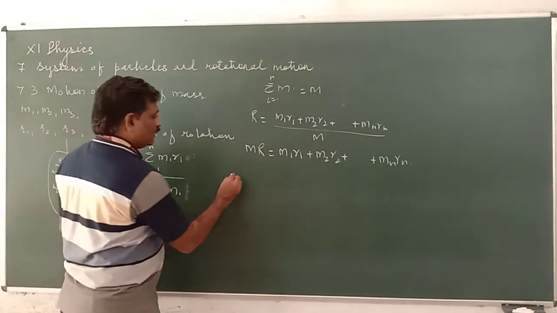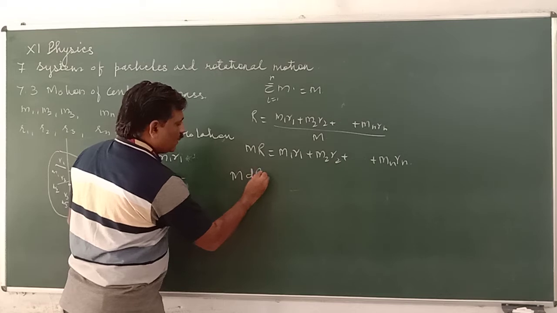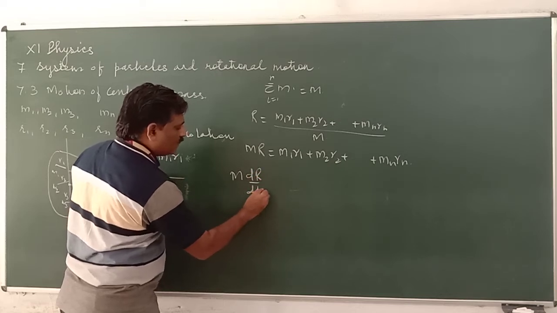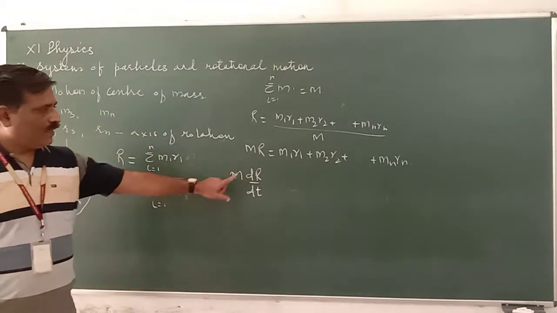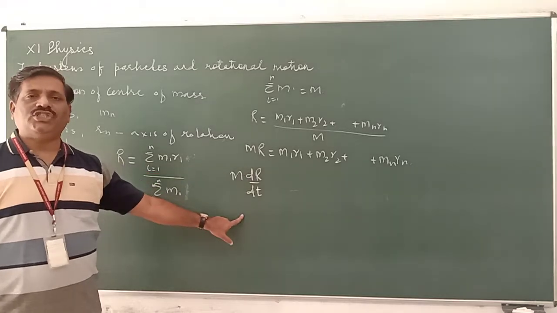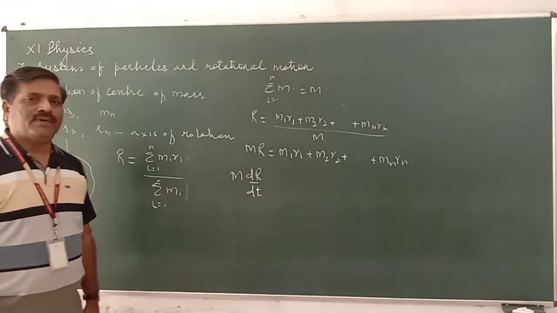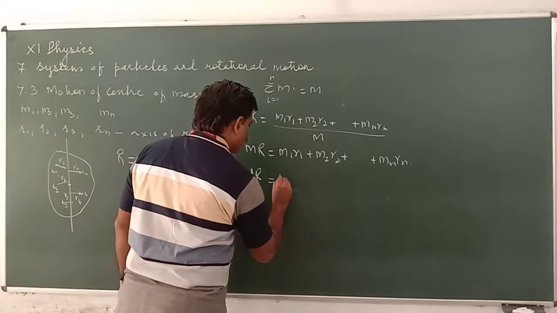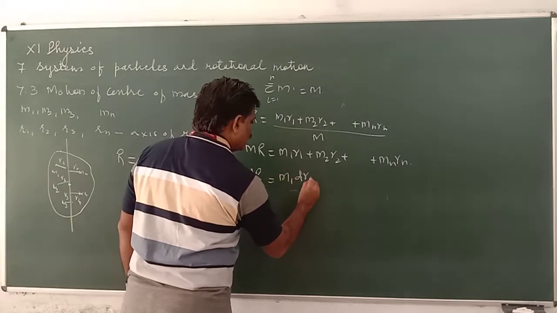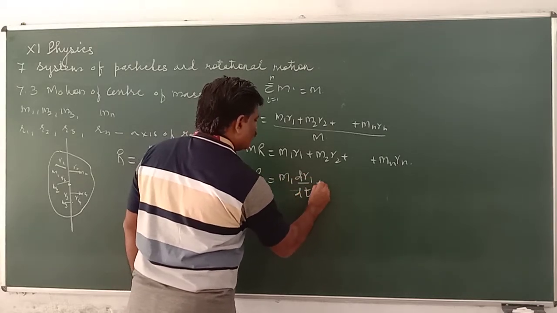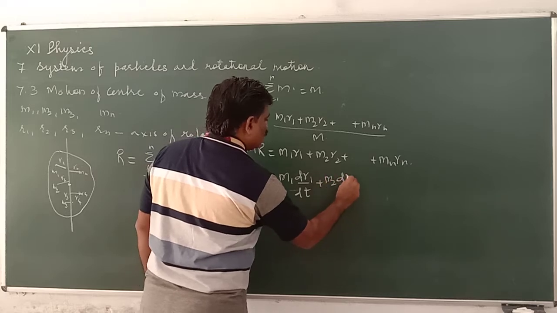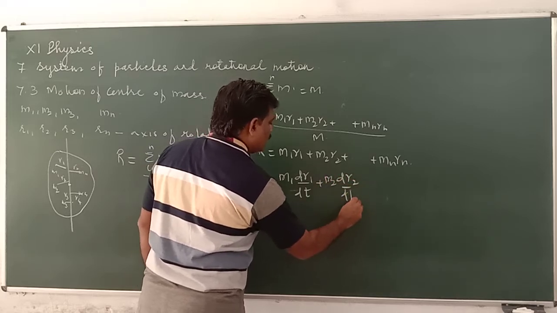Now we differentiate with respect to time. M is constant. dR by dt is the change in R divided by the change in time. We differentiate the right side: m1 is taken as a constant, so we get m1 dr1 by dt plus m2 dr2 by dt.